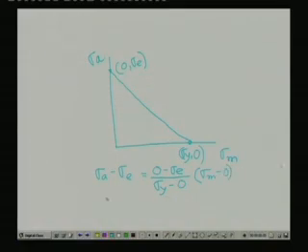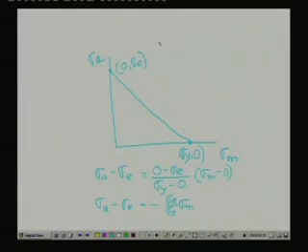If you simplify, it comes out to be sigma A minus sigma E equals minus sigma E by sigma y into sigma m.